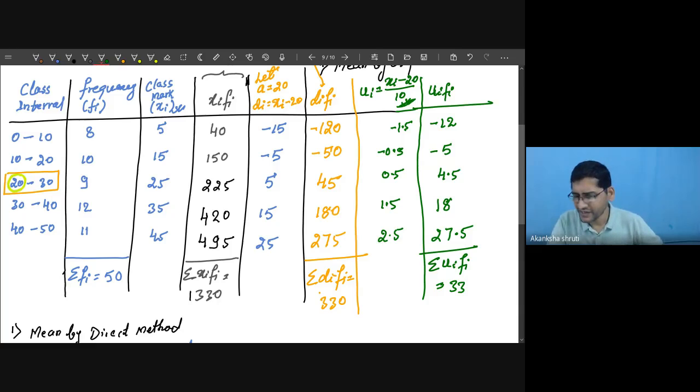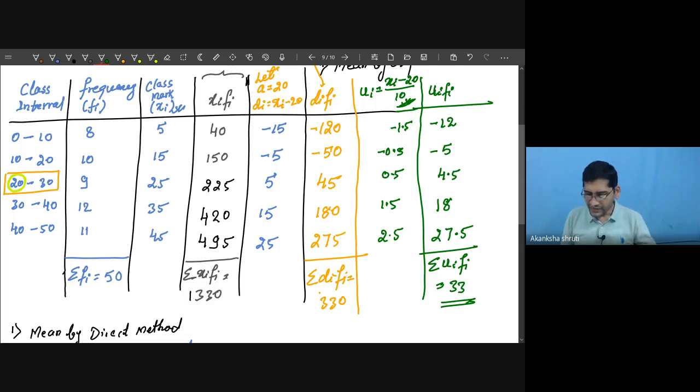Go for adding. 18 minus 12 is 6 in plus, and 5 is in minus. So it becomes 1. Then this is 4.5, so it becomes 5.5. 27.5 plus 5.5, you are getting 33. 33 is correct. Okay, student. So this way this 33 is now calculated.